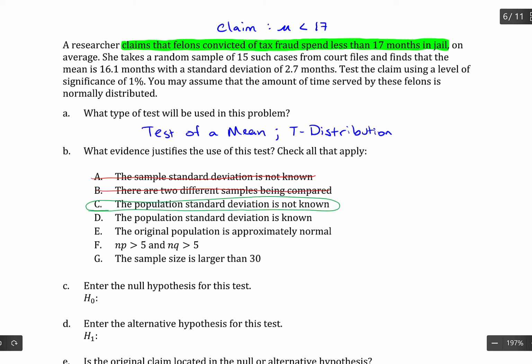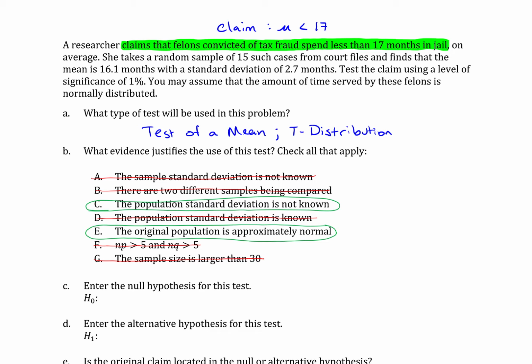The population standard deviation is known. Well, we just said that it's not known, so that's no good. The original population is approximately normal. That was stated as true, so that's good. np and nq are greater than 5. That only applies to binomial distributions. And the sample size is larger than 30, which doesn't apply here either. So C and E are the ones that justify the use of this test.